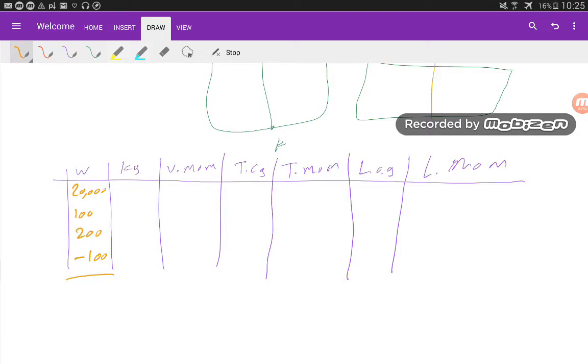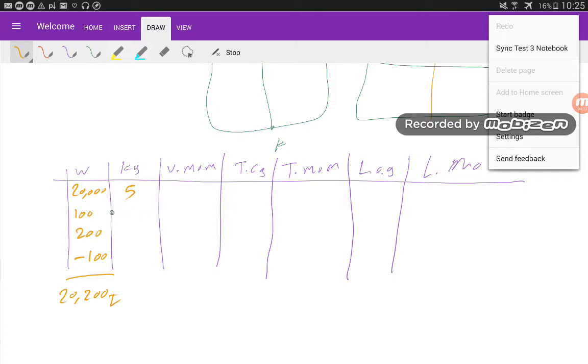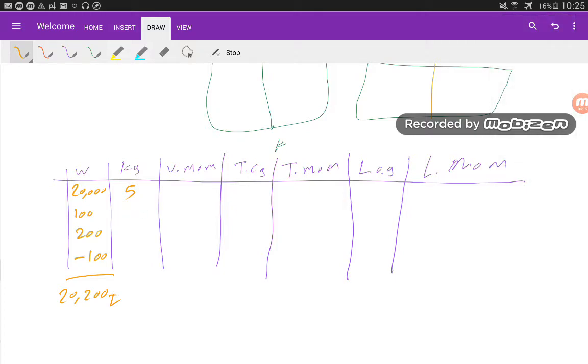So the total final weight will be 20,200 tons. This is our final displacement. Now we are going to bring the KG for each one. For our vessel at the beginning it was 5 meters. The 100 tons cargo, we're going to put at 8 meters. The 200 one was at 7 meters, and the discharged cargo was at 5 meters height.